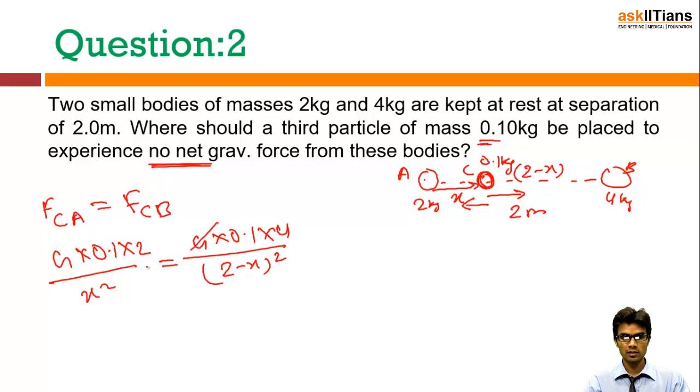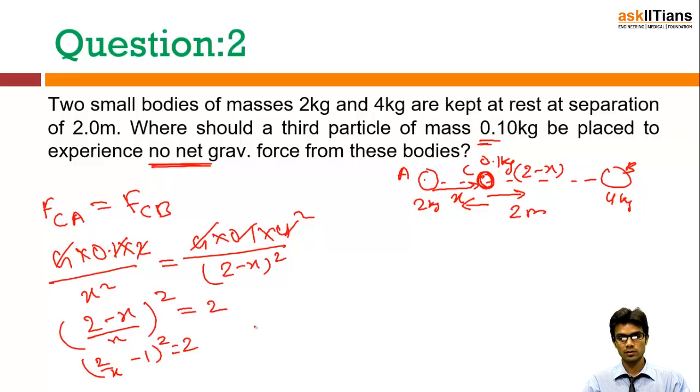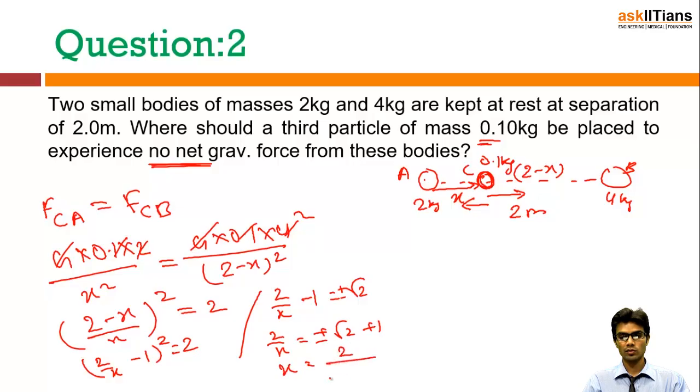Solve it. So (2 minus x) by x whole square is equal to 2. So 2 by x minus 1 is equal to plus minus root 2. So 2 by x is equal to 1 plus minus root 2, so x is equal to 2 by 1 plus minus root 2.